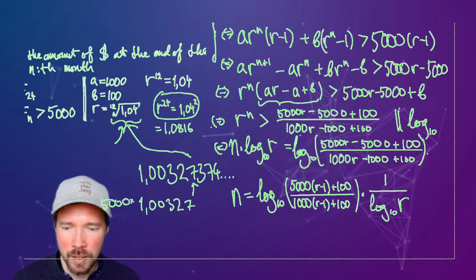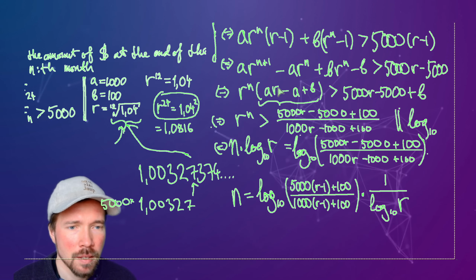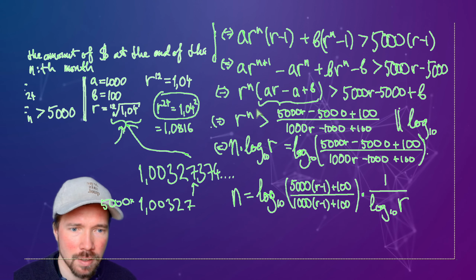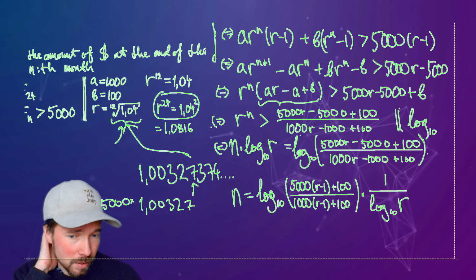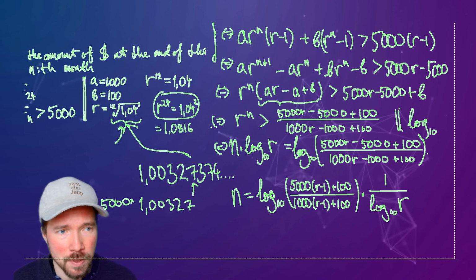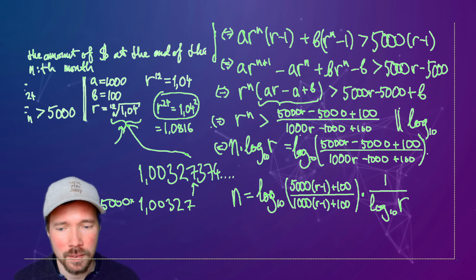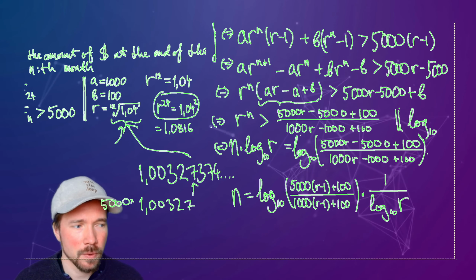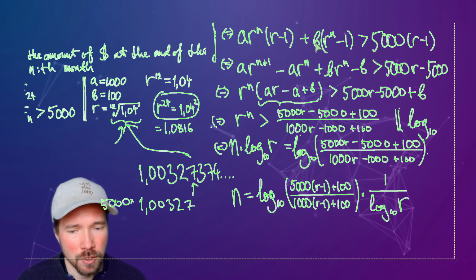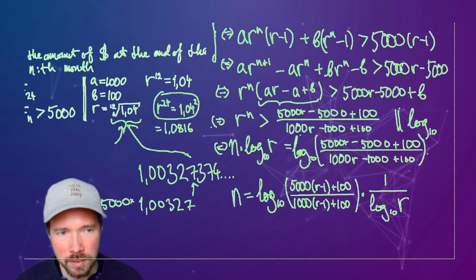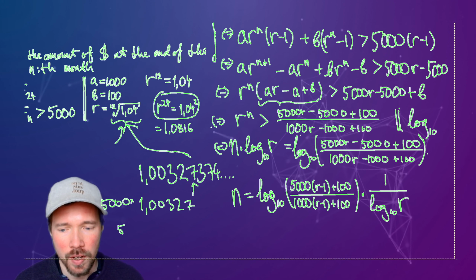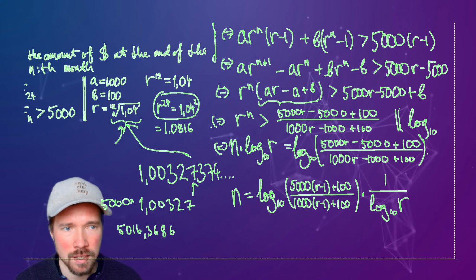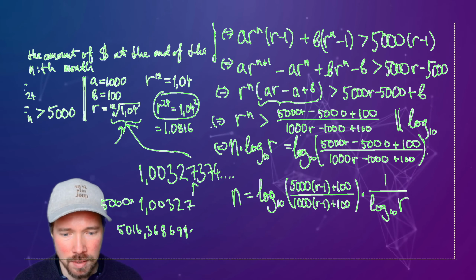But now when I multiply it by 5,000, what happens is that the rounding error grows 1,000 times. So the correct answer, if I did not round it, would be 516.368698, etc.